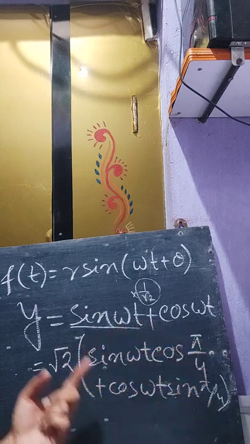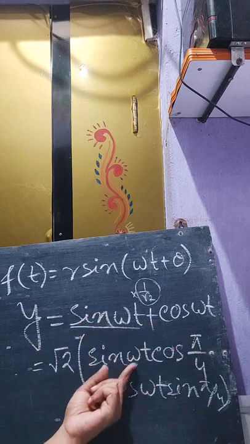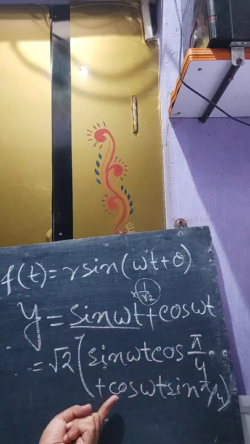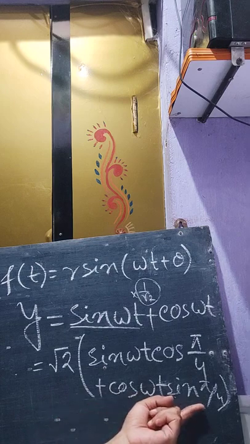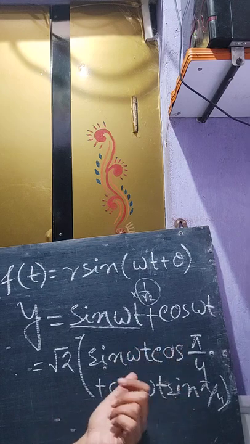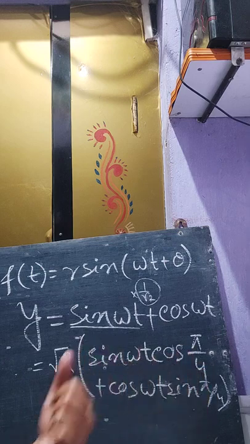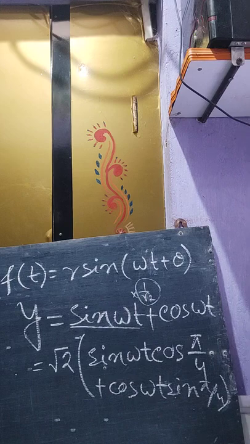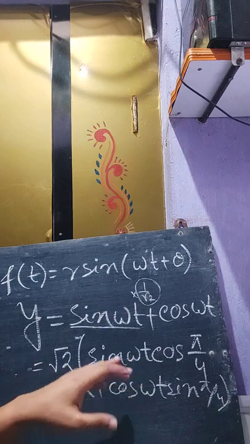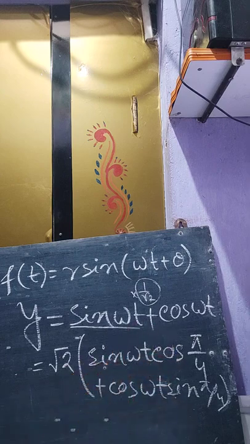As I have written, that is sin omega t cos pi by 4 plus cos omega t sin pi by 4. You may say it is like sin A cos B plus cos A sin B, right? So, what is the formula of this according to trigonometry? I think all of you know this: sin A cos B plus cos A sin B is the formula of sin (A plus B), right?